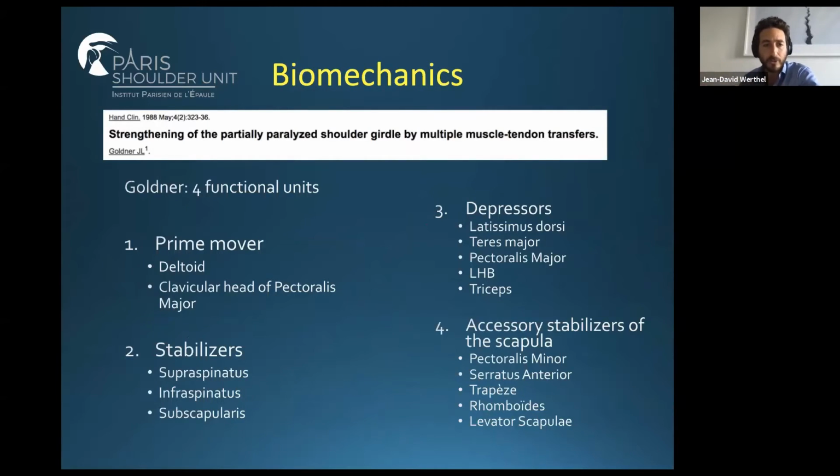All these muscles can be combined in functional units, and they have a certain role in the shoulder movement. And so, depending on which muscles are non-functional, which muscles are concerned by paralysis or by chronic tear, then you're going to have different deficits.